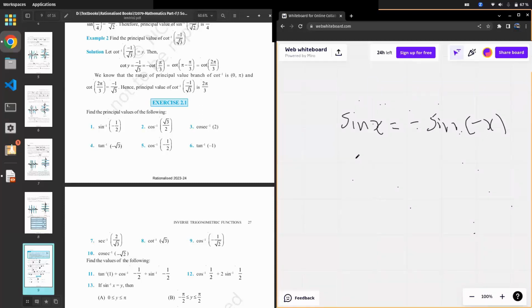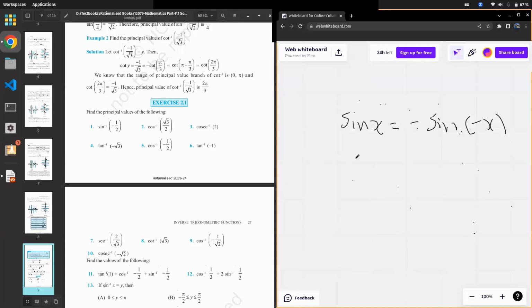Coming to the second question, we want to find the value of cos inverse of root 3 by 2. As you may have remembered, the value of cos of pi by 6 is equal to root 3 by 2. So the value of cos inverse root 3 by 2 will be pi by 6.